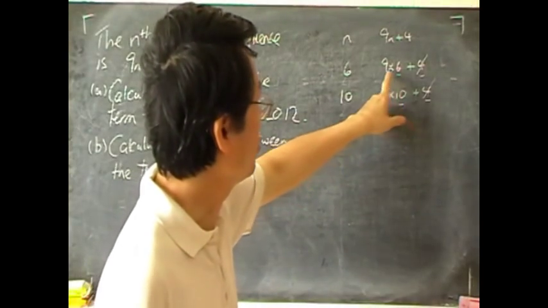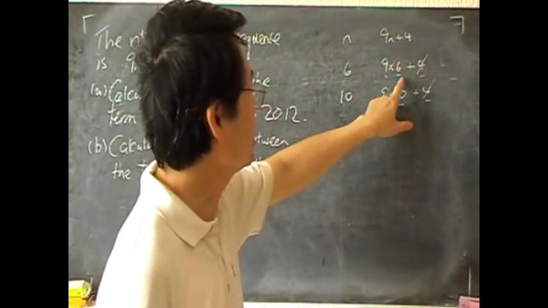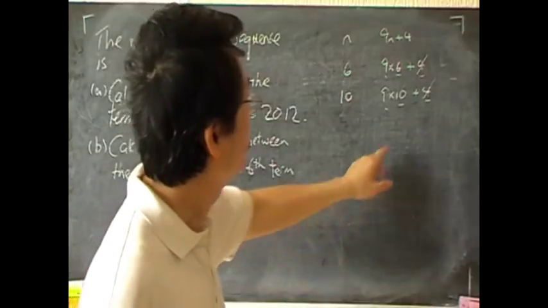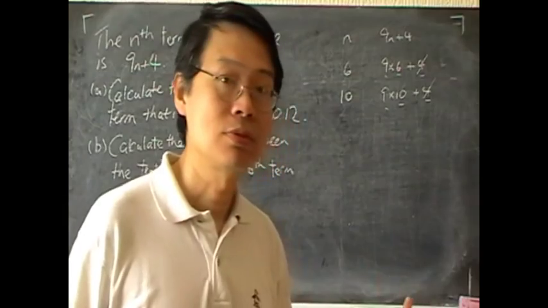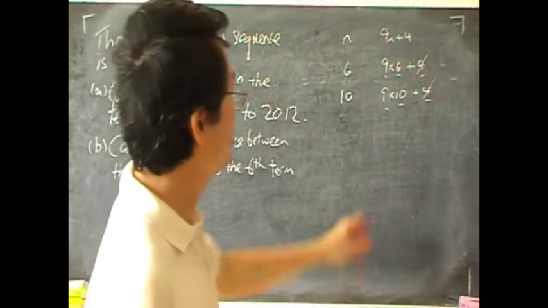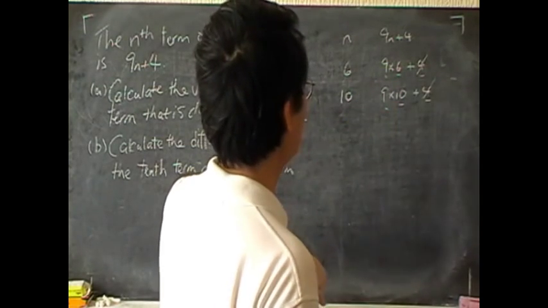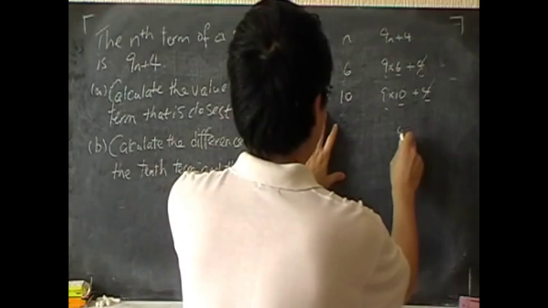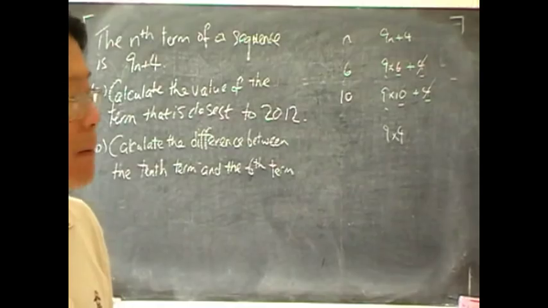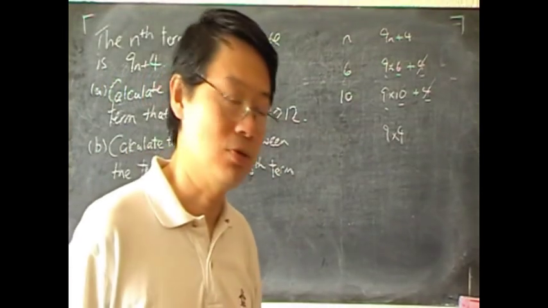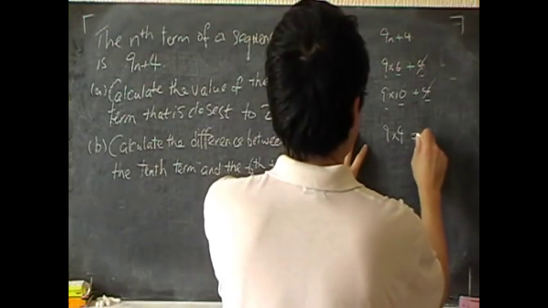You have 6 of the 9 and 10 of the 9. So it's like 10 apples and 6 apples, if you think of the 9 as an apple. So if you do 10 apples minus 6 apples, you get 4 apples. So 10 9s minus 6 of the 9s gives me 4 9s. 4 times 9 is all I have to calculate. And the answer is 36.